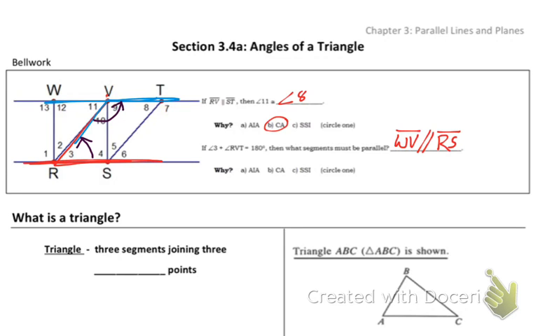Do either one of those angles even touch this line? No. The angles have to create the transversal and the parallel lines. But can't we say that because it says if angle 3 plus angle VRT equals 180, they must be same side interior for that to work.